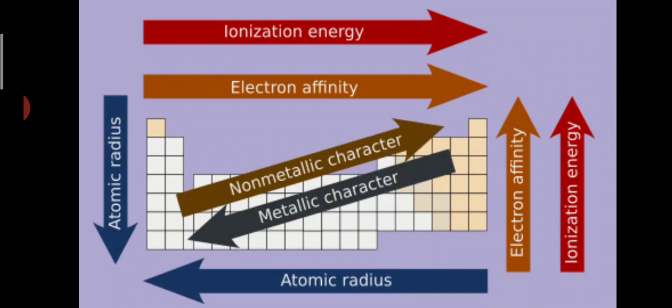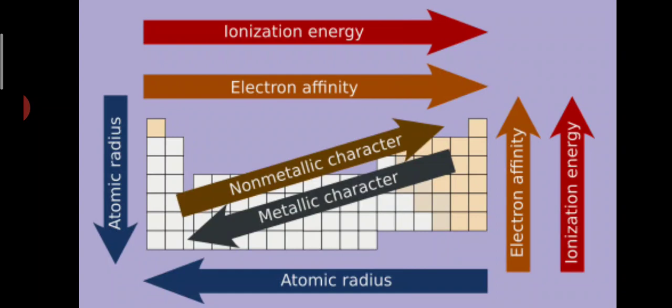Why is it decreasing from top to bottom? As the atomic radius increases, the electrons in the outer subshell are not in complete contact with the nucleus which is present at the center. So they don't have proper attraction. If there is complete attraction, you cannot separate the plus and minus charge. The minus charge here I am referring to as electron, the plus charge I am referring to as nucleus.